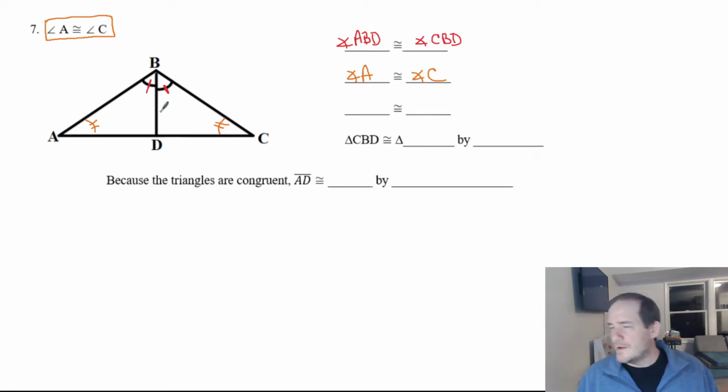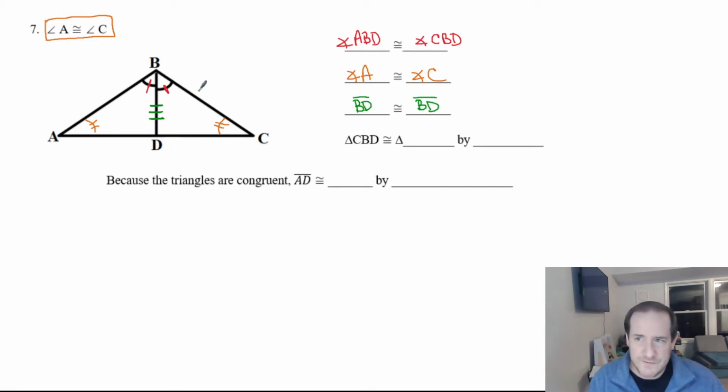Alright, again, we have to find another piece of info, and I don't see vertical angles, so I hope I see a shared side, and I do. It's right here. It's BD again. So we can say BD is congruent to BD. So okay, I've got my stuff again, but this time what I see is a pair of angles and a pair of angles, but the side between those angles is this side here.